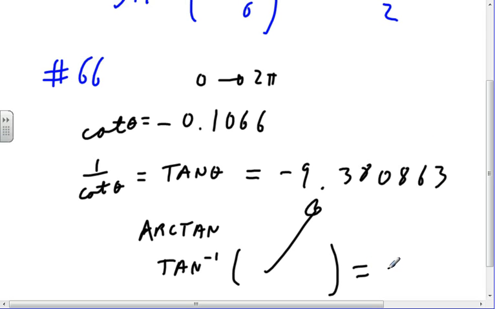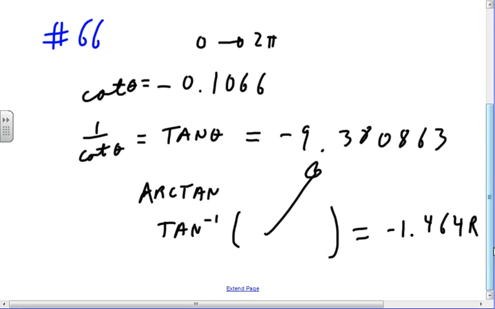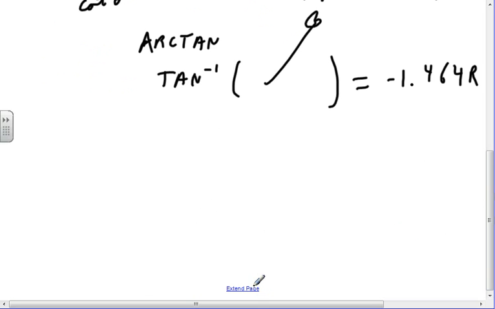Okay, so I got minus 1.464. How many significant digits? 4. 1.464 radians. Okay, so that's what theta is.